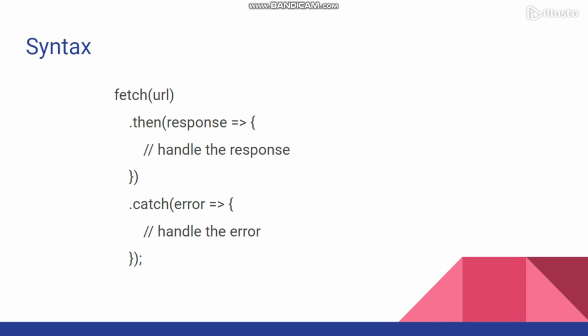What is the syntax for fetch? It is a simple syntax. You just declare the URL inside the fetch method, and you will get the response for it. In the response you will get the response.ok variable. If it is true, then it is a success, and if it is false, then it is not.